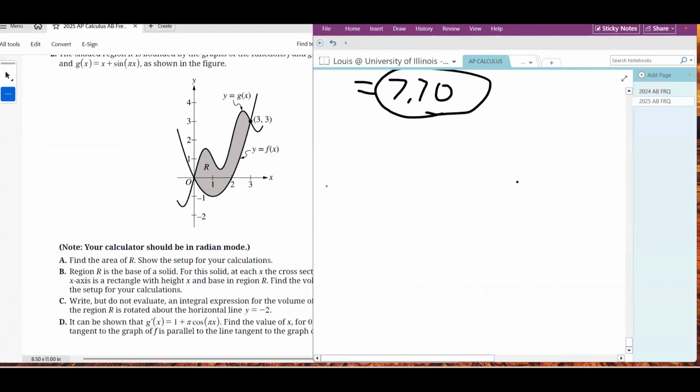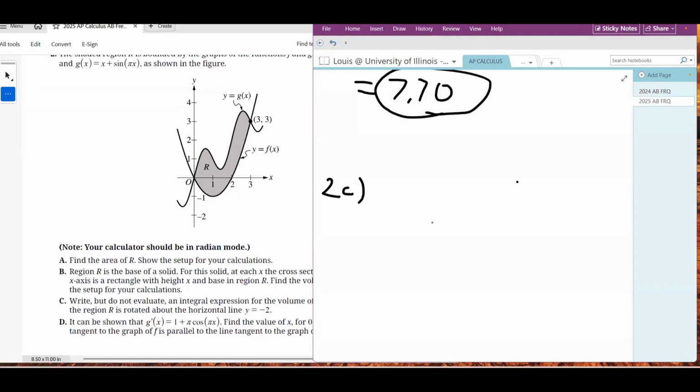The important thing here is that the radius is not going to be simply g of x squared minus f of x squared. What do you think we have to do with the radius?